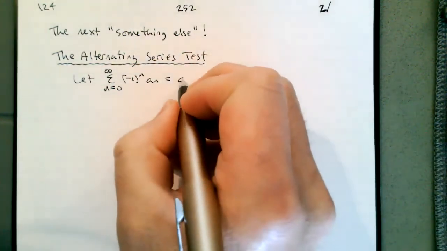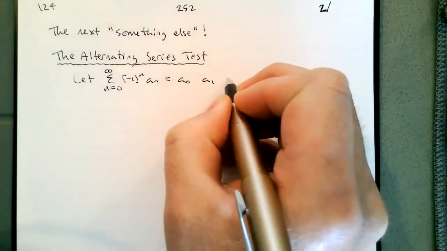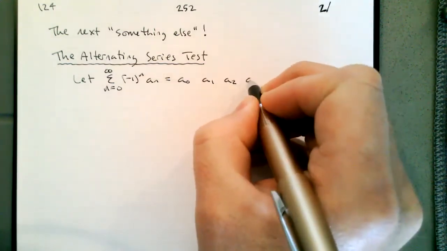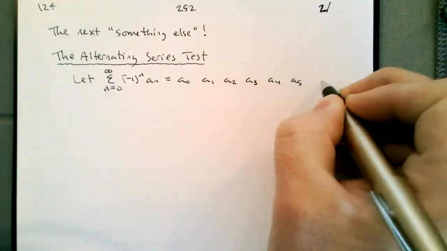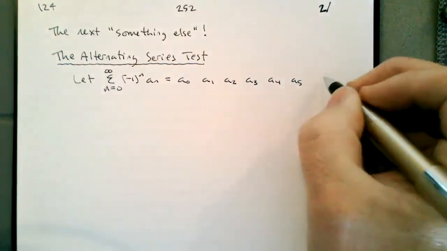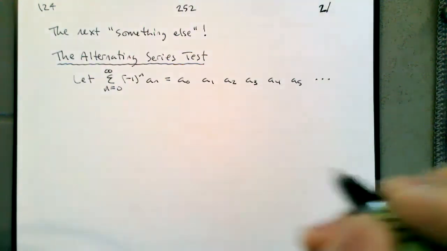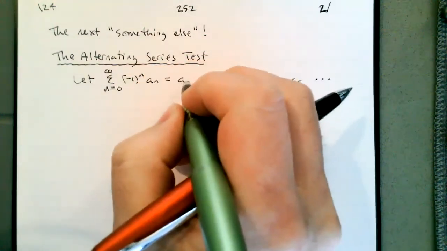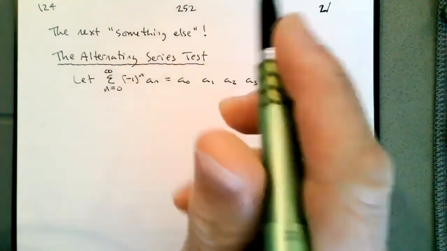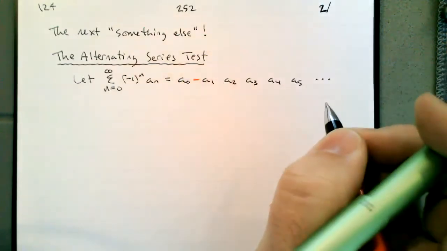So it'll start off with a0 minus a1, plus a2 minus a3 plus a4 minus a5, and so on. So what we're going to see is that the signs are going to alternate. -1 to the 0 is positive, so we start off with a0. But -1 to the 1 is negative, so we have negative a1.